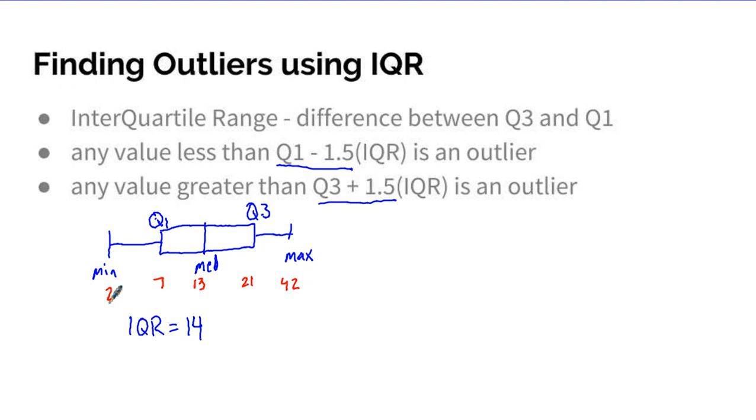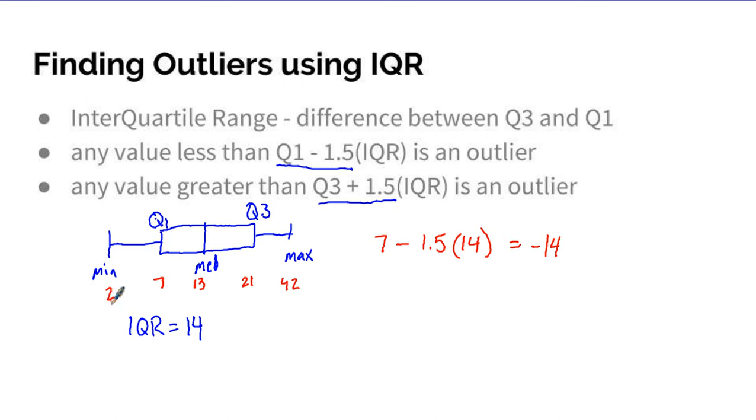Let's say this was my min, quartile 1, median, quartile 3, and max. So we're going to do quartile 1 minus 1.5 times the IQR. So 7 minus 1.5 times 14. And when I do that, I get negative 14. So that means that to be an outlier, the number has to be less than negative 14.